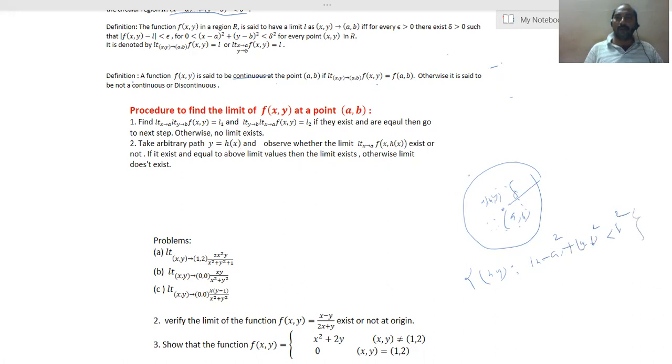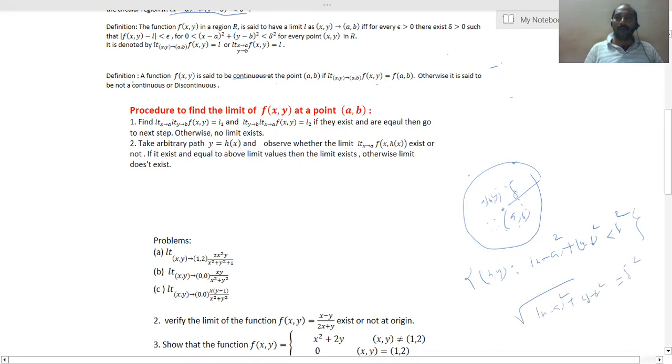The distance between a point on the circle and the center is the square root of x minus a whole square plus y minus b whole square equal to delta. Squaring on both sides, we get delta square, and here we remove the square root. x minus a whole square plus y minus b whole square equals delta square.